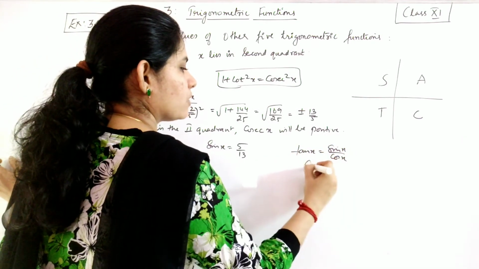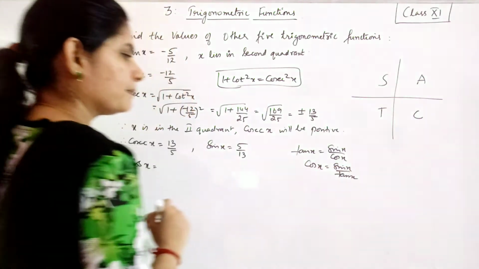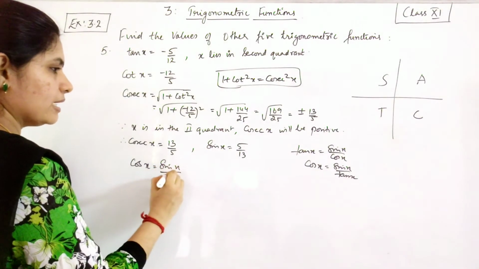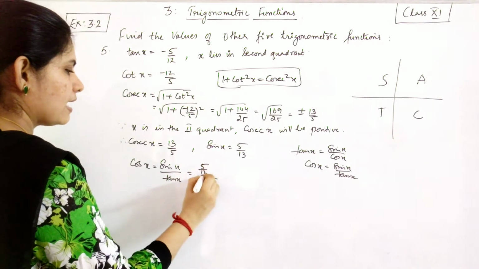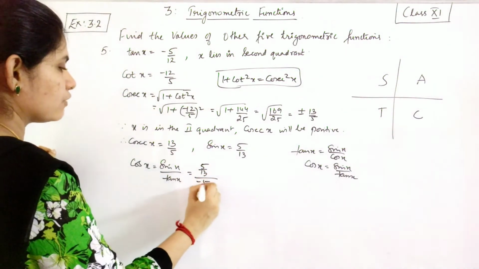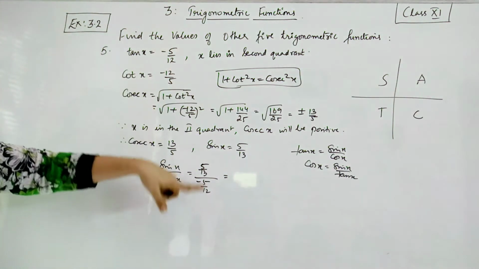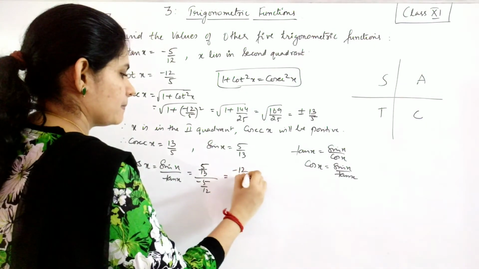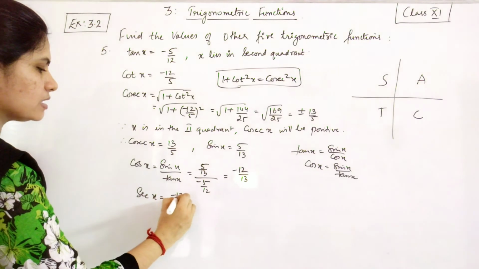So cos x is equal to sine x divided by tan x. Replace the values: sine x is 5 by 13, and tan x is minus 5 by 12. So 5 will cancel, 12 will come up, and you will get minus 12 by 13 as your cos value, and the sec value will be the reciprocal, that is minus 13 by 12.